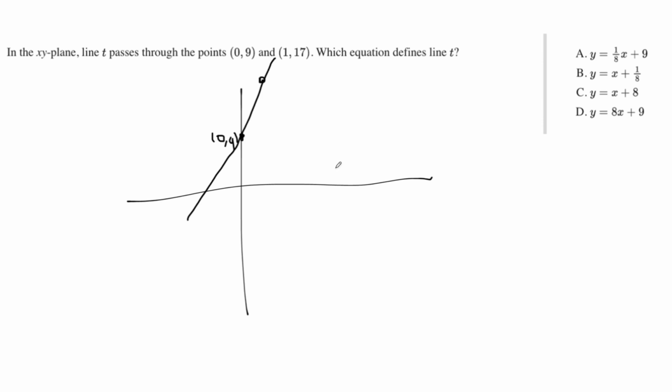The easiest thing to figure out here is going to be the slope. It's always rise over run, which means you're going to take the difference between this y and this y.